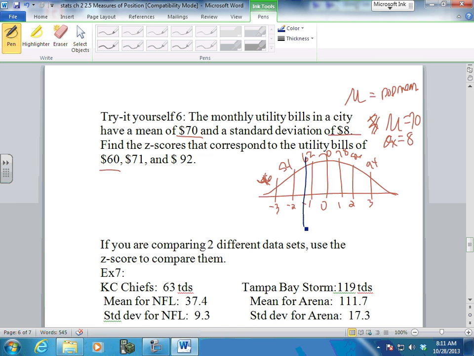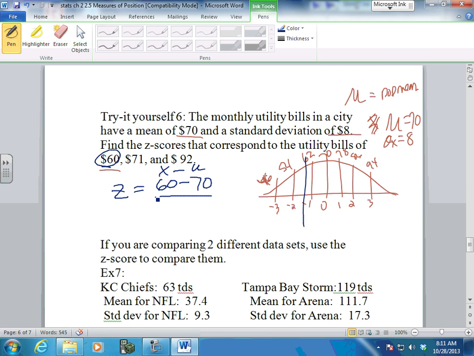So now, even if you forget which way to subtract, you need a negative, right? So the only way to get a negative is a smaller minus a larger. So take your smaller number, 60, and subtract your larger number, which is your mean. It's x minus the mean.